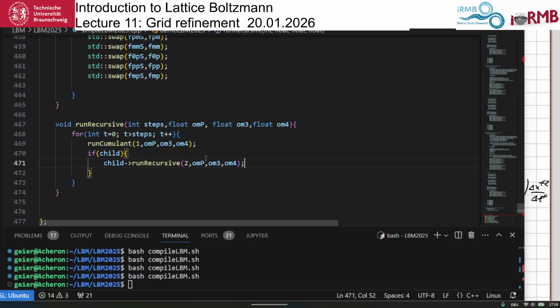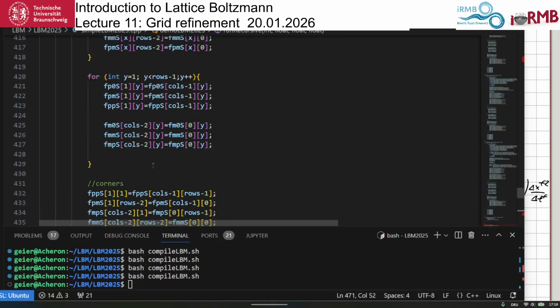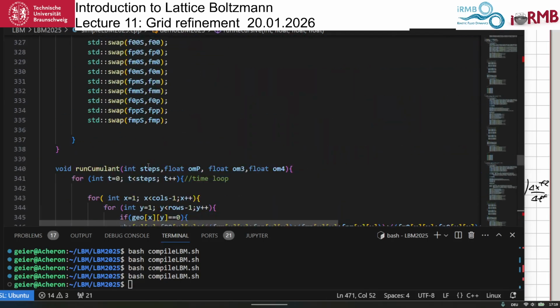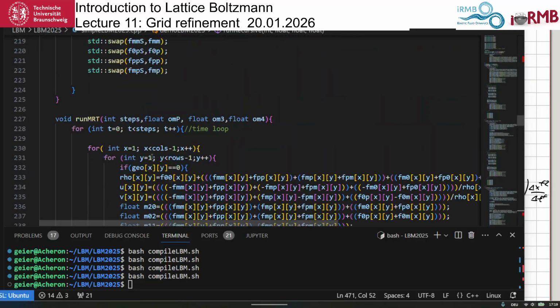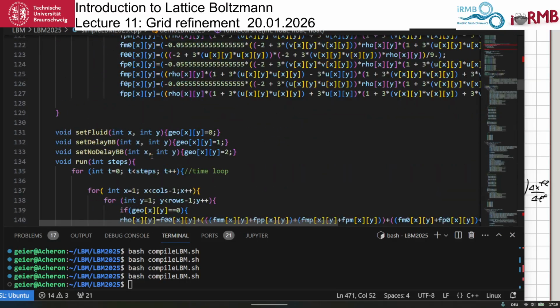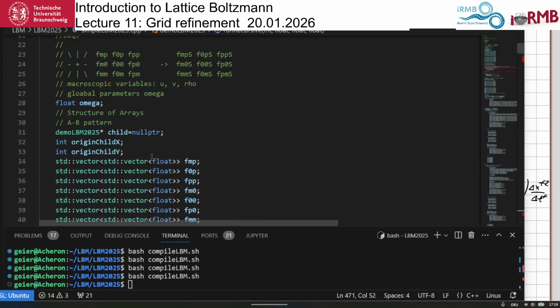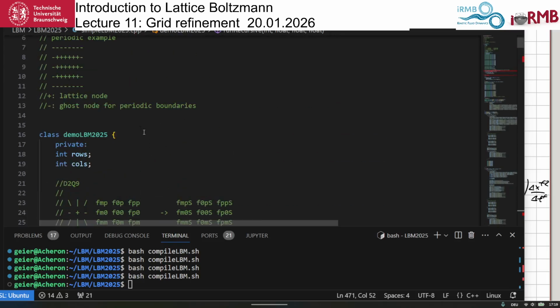So one thing that we want to do is we need an interpolation function. And this interpolation function has coefficients. So what can be done is, and I want to keep everything in one file now, this is why I put it up here.